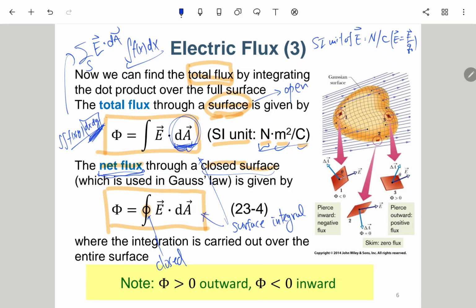Surface integral. Okay, later in this course, you will also learn the line integral. In chapter 29, we will talk about the line integral. So for the line integral, it can be something like the integration of B dot ds.